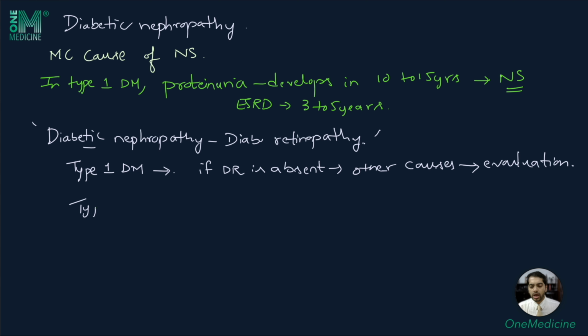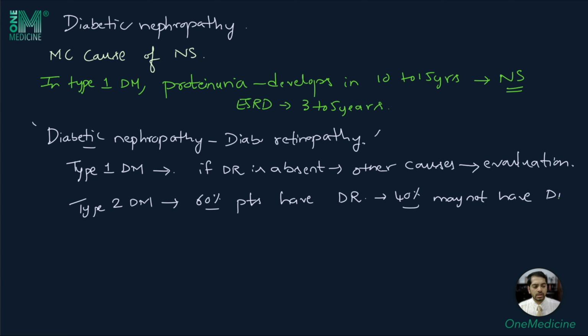Whereas in type 2 diabetes, approximately 60% of the patients have diabetic retinopathy, whereas the remaining 40% of the patients may not have the features of diabetic retinopathy. Clinical features include proteinuria, hypertension, and decline in glomerular filtration rate.